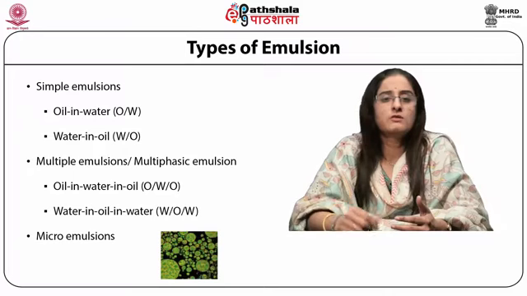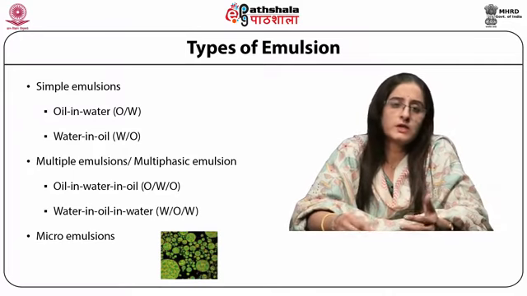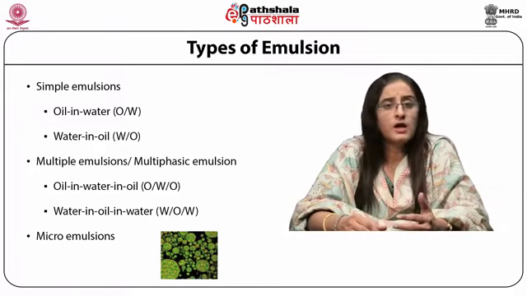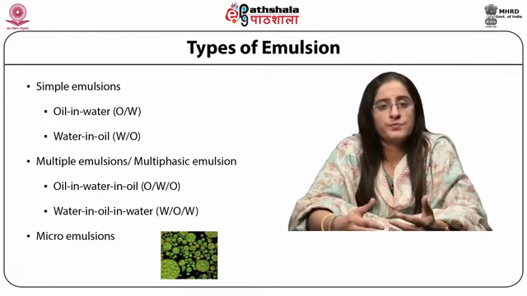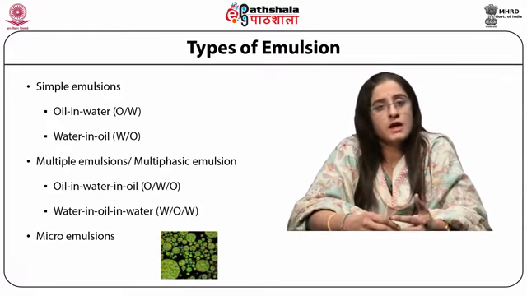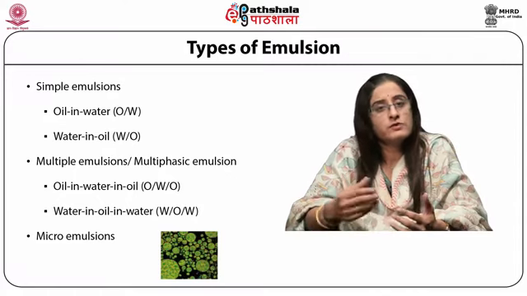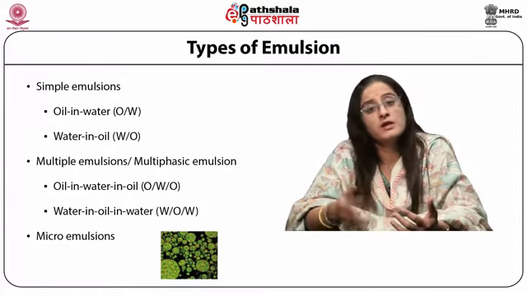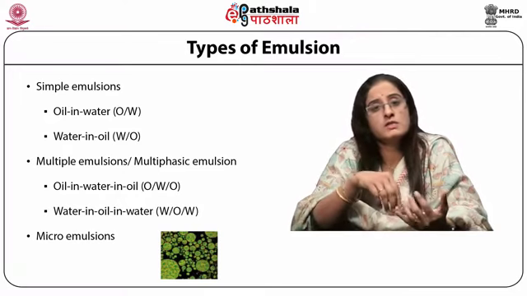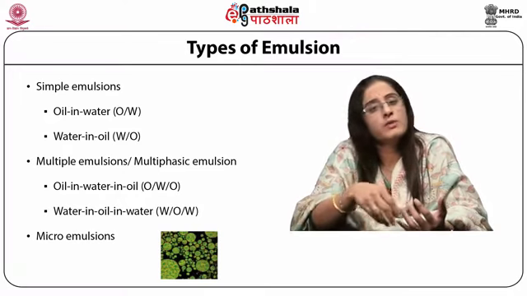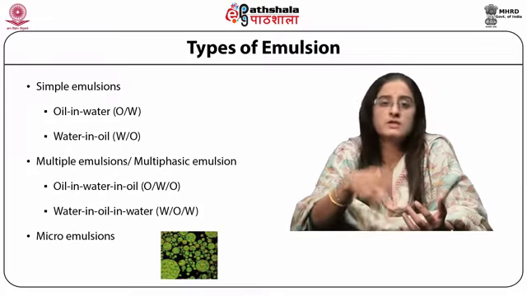In other words, the droplet sizes are very small, and up to 100 nanometer size range is reported. If we see why microemulsions are thermodynamically stable, the components in the microemulsion system play a very important role in their stability.